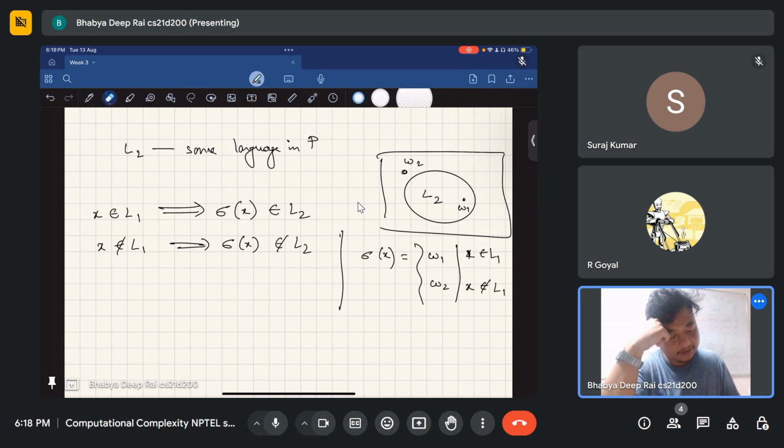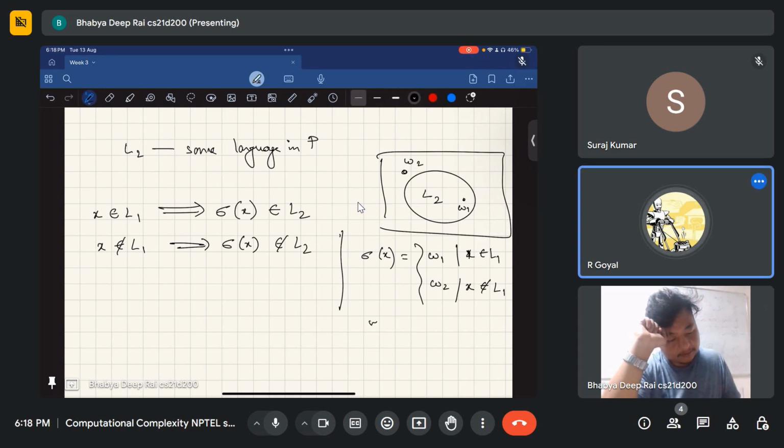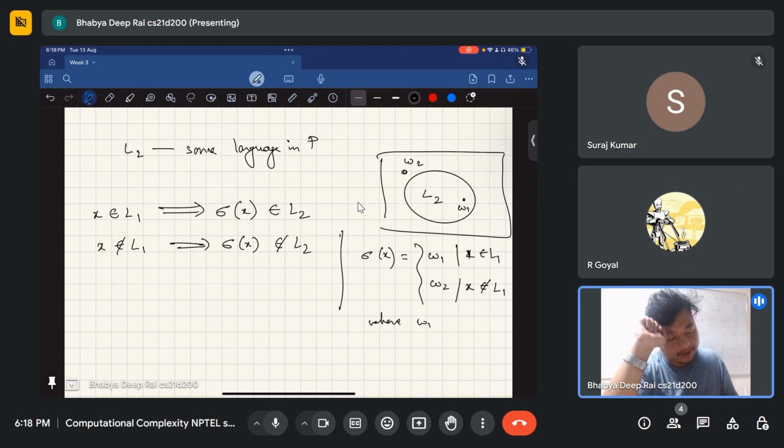This is what we did essentially, where W1 is in L1 and W2 is not in L2. So I'm forcing this reduction to happen.